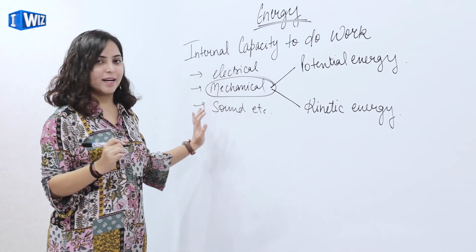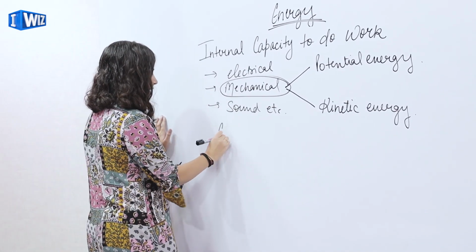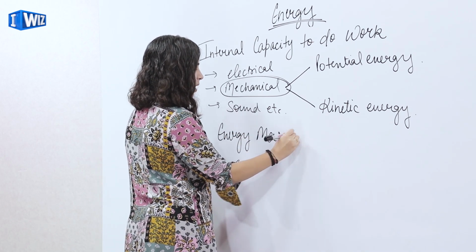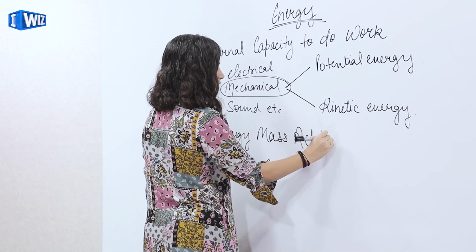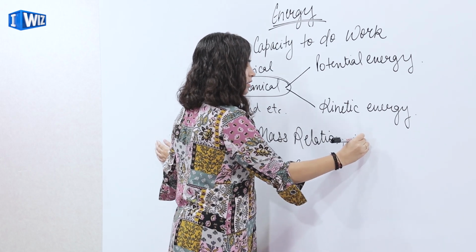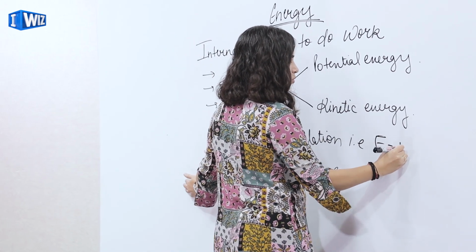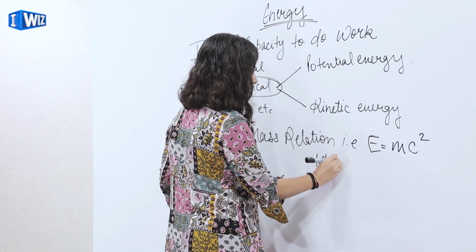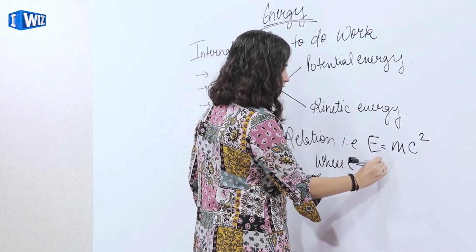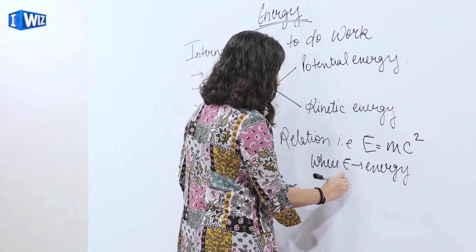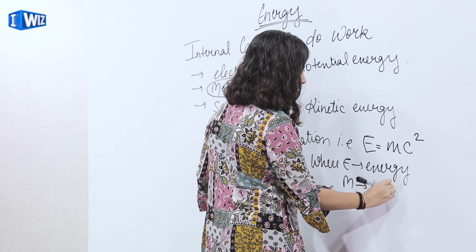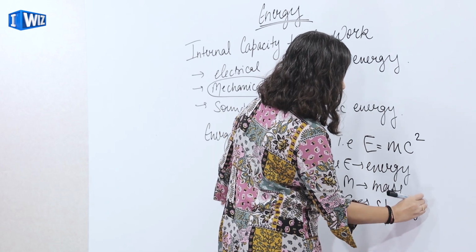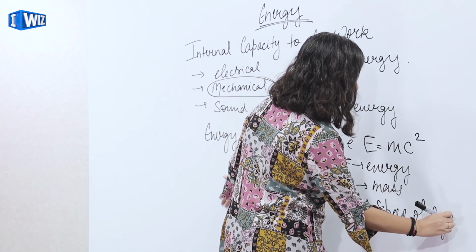Before moving to mechanical energy, let's discuss the energy mass relation, that is E is equal to mc square, where E is the energy, m is mass and c is the speed of light.